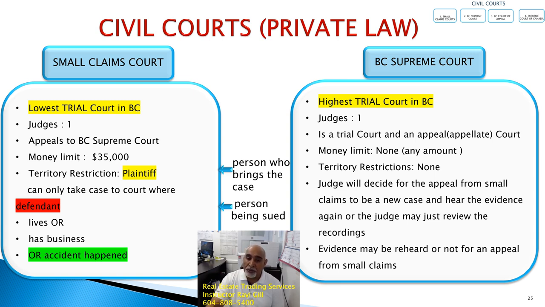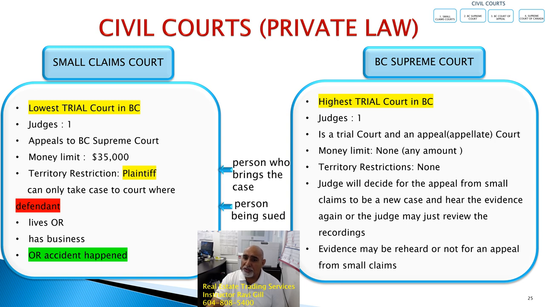It's nothing to do with the plaintiff. The plaintiff is going to take the case and do the suing, but it's where the defendant lives or has business, or where the accident happened, where this case can start.